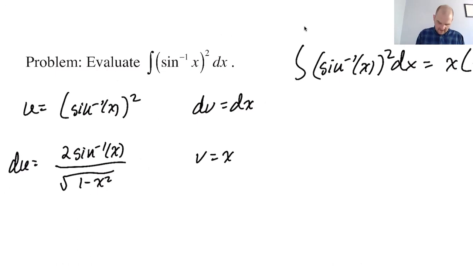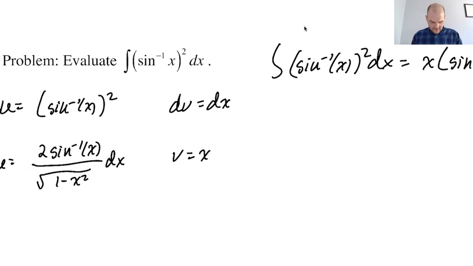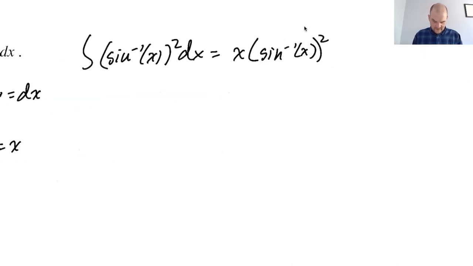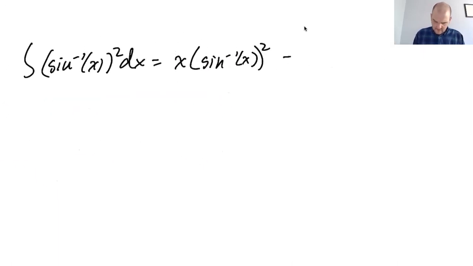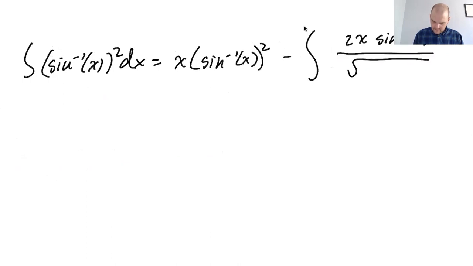Oh, I forgot dx. v du is 2x sine inverse of x over radical 1 minus x squared dx.